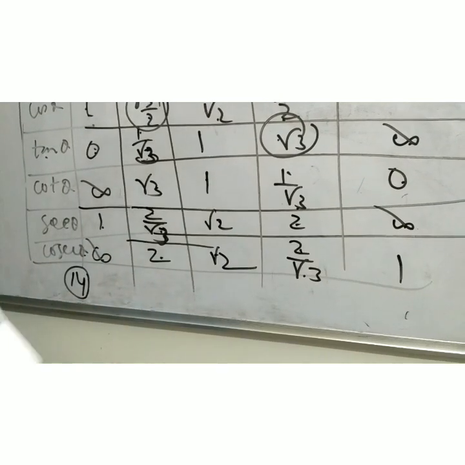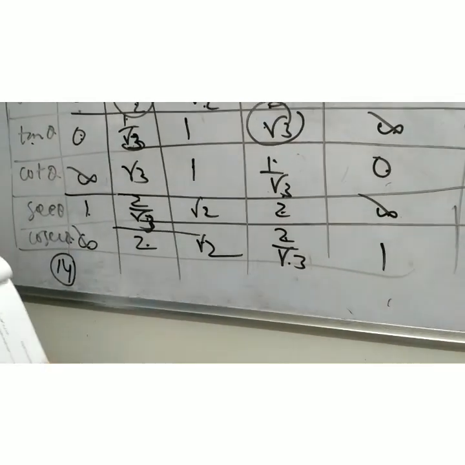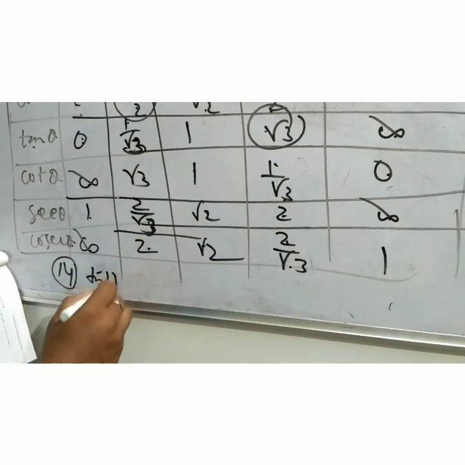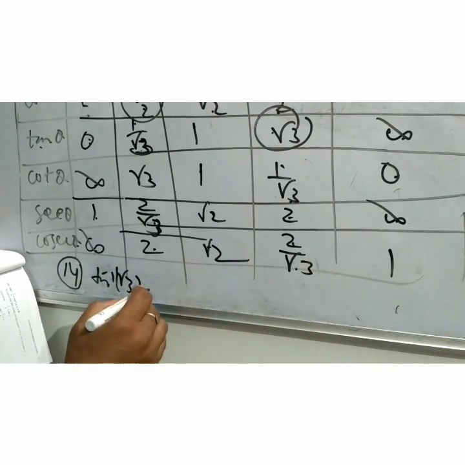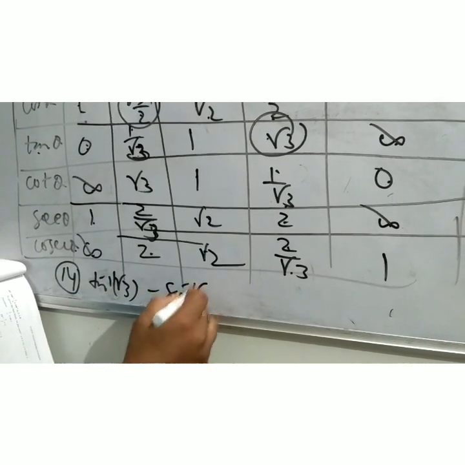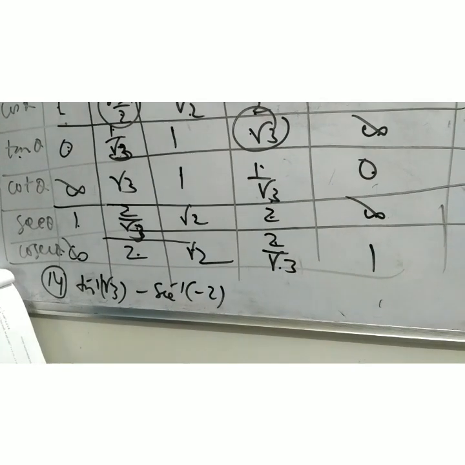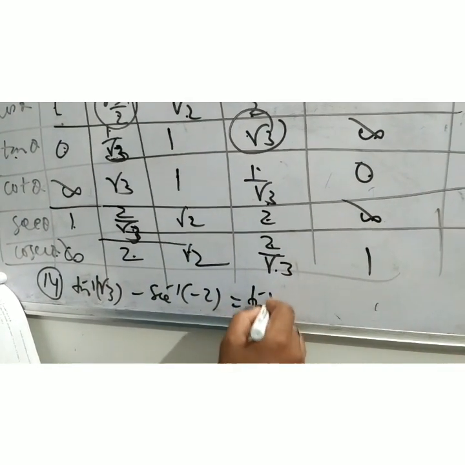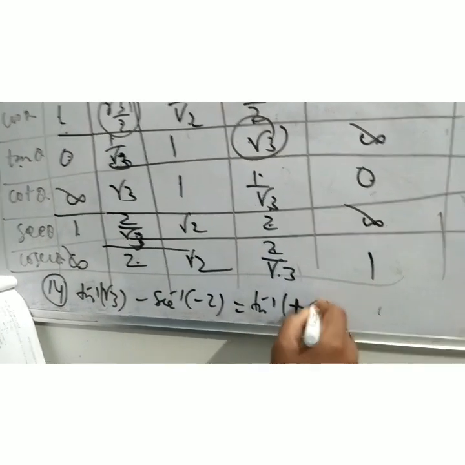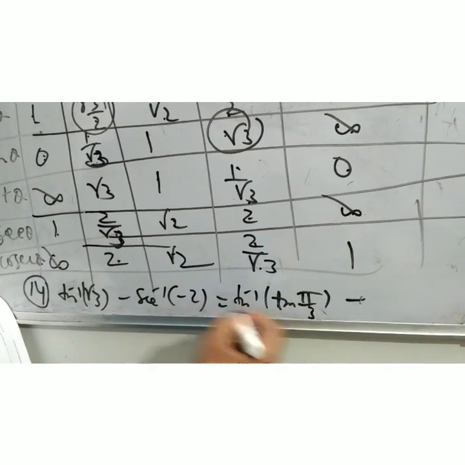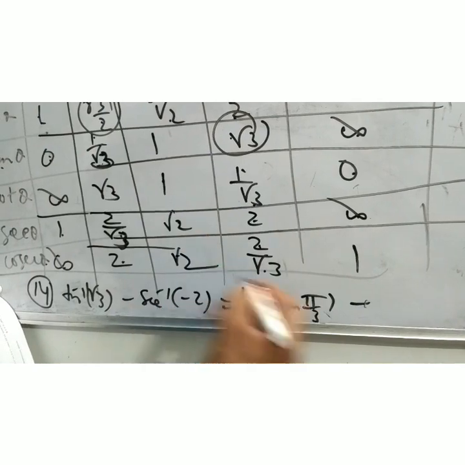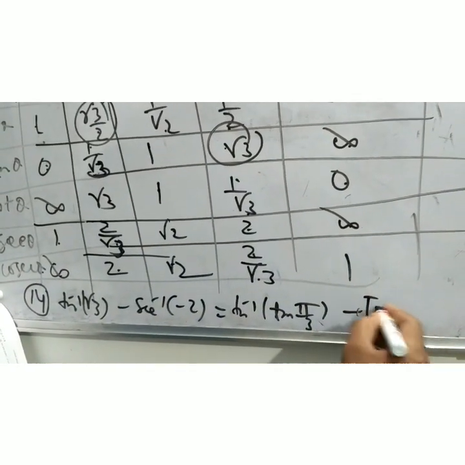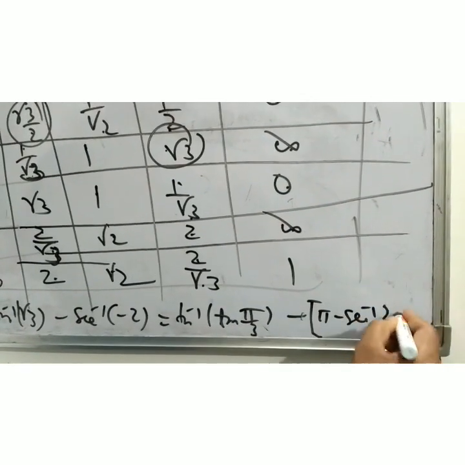Question number 14. This question was always set as a 1 mark question in the board. That is tan inverse root 3 minus sec inverse minus 2, an MCQ question. Then what will become? So tan inverse root 3, I can put here tan inverse tan root 3, that is equal to pi by 3 minus sec inverse minus 2, that is equal to, in this case, pi minus sec inverse 2.